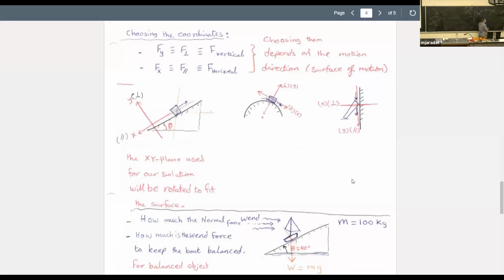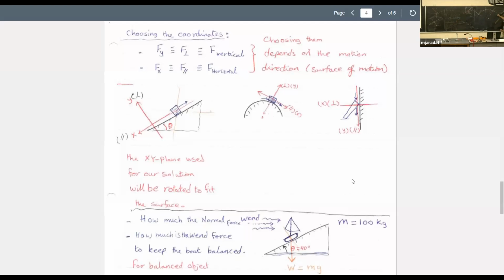Sometimes, if we are dealing with a wall, like this, where is the perpendicular coordinate? Where is the horizontal coordinate? This is the wall, and we have a ladder, for example, and the ladder is sliding like this.